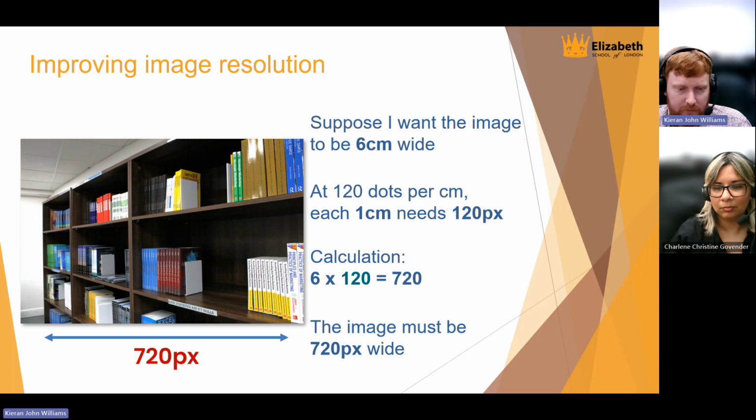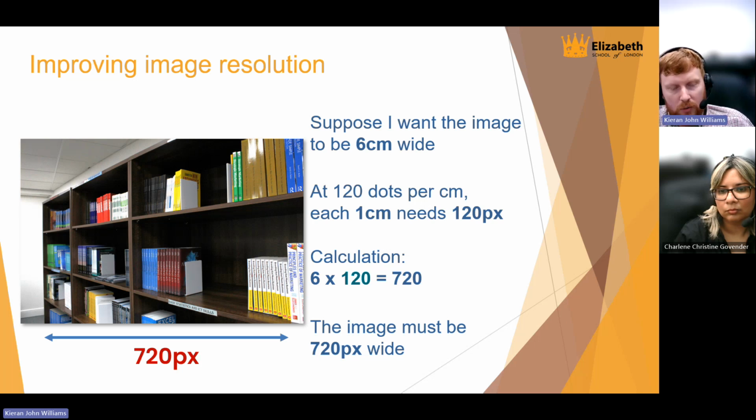Okay, so when you've planned it out on paper, you may understand that you need your picture to be 6 centimeters wide, just for example. Okay, so if we're looking at a resolution of 120 dots per centimeter, which is 120 px, that means each centimeter needs that resolution.